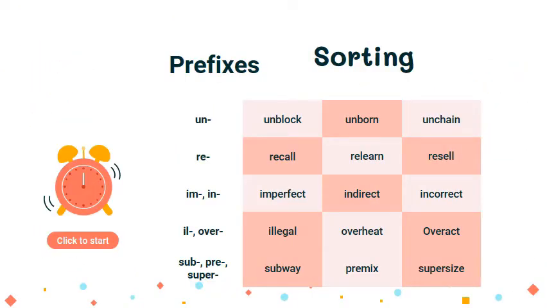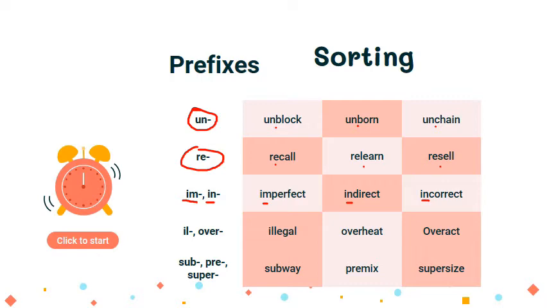Let's sort them. First, as you can see, I have words with the prefix un, as in unblock, unborn, unchain. I have words with the prefix re, as in recall, relearn, resell. I have words with the prefixes im and in, as in imperfect, indirect, incorrect.